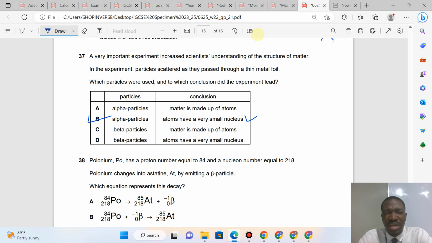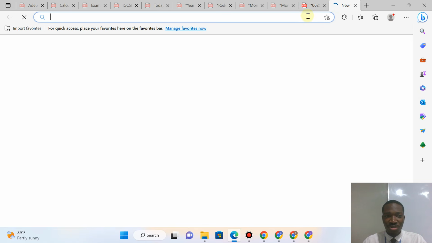That's the experiment carried out by, I think it's Rutherford, that directed a beam of alpha particles at gold foil, and the gold foil made the beam of alpha particles scatter.